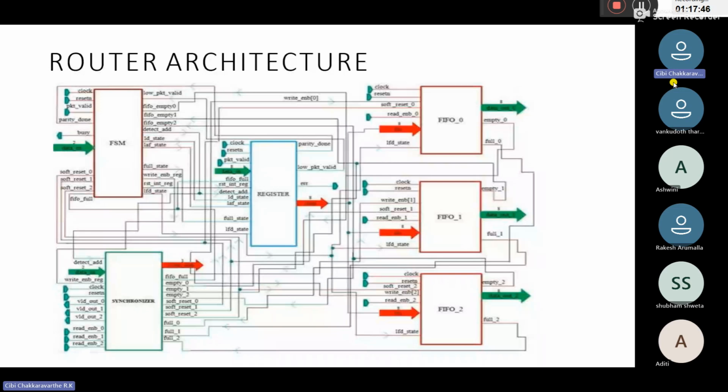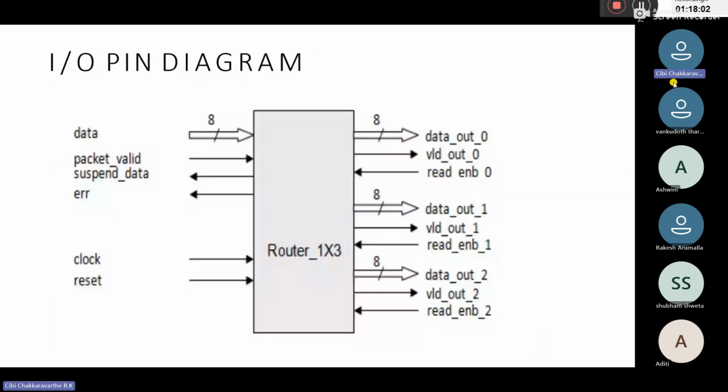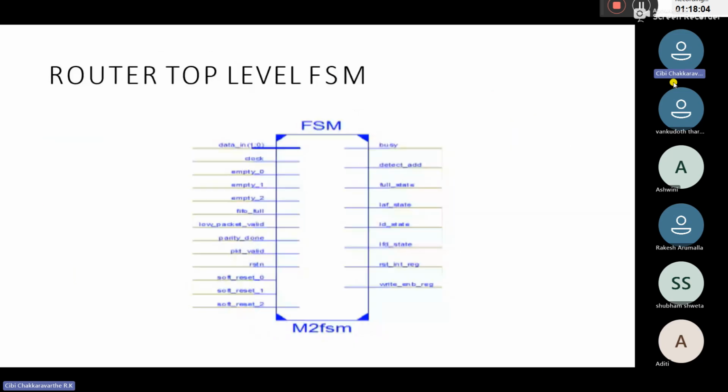Actually, the synchronizer is to do the process or to assert the signal at the correct time. For that purpose, the synchronizer will be used. And where are we in the synchronizer? Here also we have MT0, MT1, MT2, everything in the synchronizer.